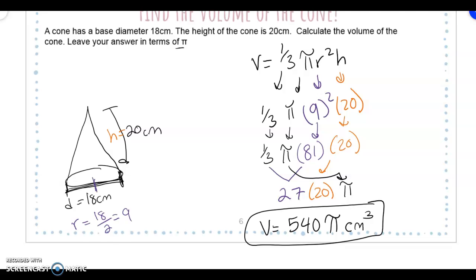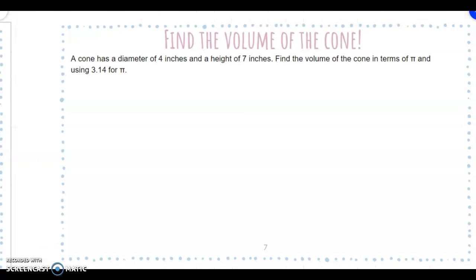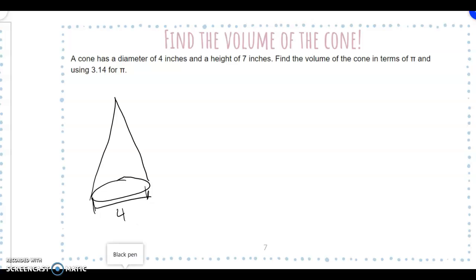Let's practice another word problem here. A cone with a diameter of 4 inches, so diameter's all the way across, and a height of 7 inches. Find the volume of the cone in terms of pi, and then use 3.14 for pi.